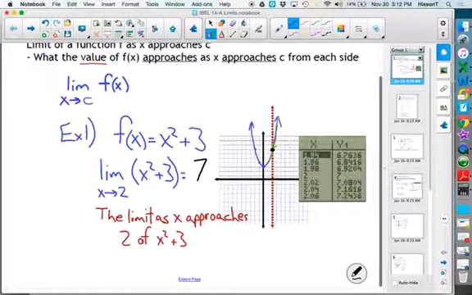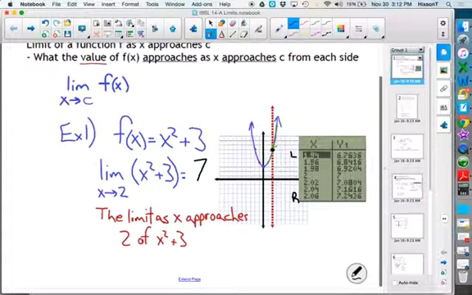But you can also see here, we could use a table, and you'll notice I started at 1.94. This would be approaching from the left, and on the bottom would be approaching from the right, where x is coming from the right or x is coming from the left.